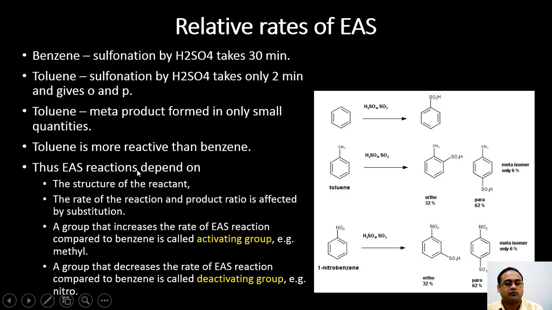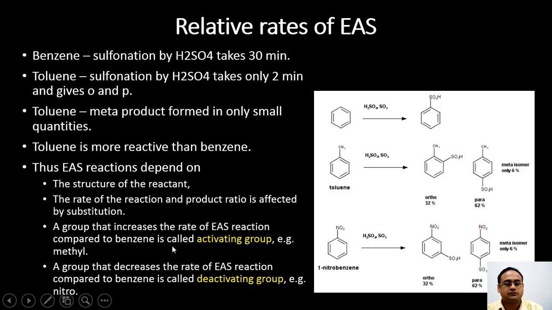Thus, an electrophilic aromatic substitution reaction depends on the structure of the reactant, whether there are any substituents on the ring or not. The rate of the reaction and product ratio is also affected by this substitution. A group that increases the rate of the reaction compared to that of benzene is called an activating group. For example, methyl activates the ring towards electrophilic aromatic substitution, therefore it is known as an activating group.